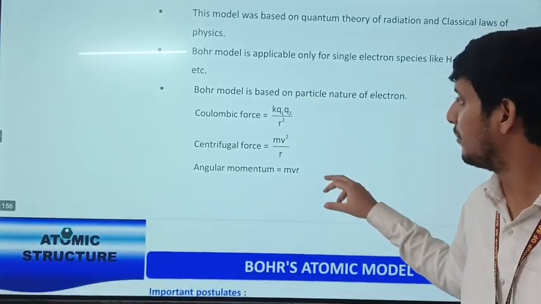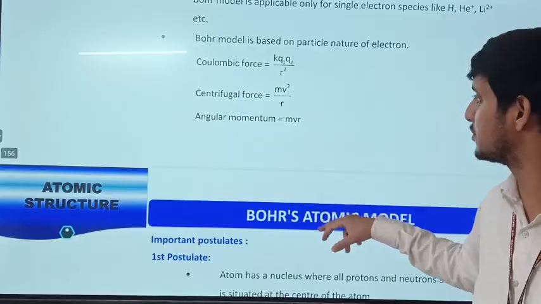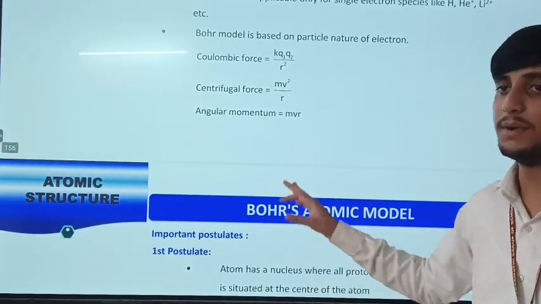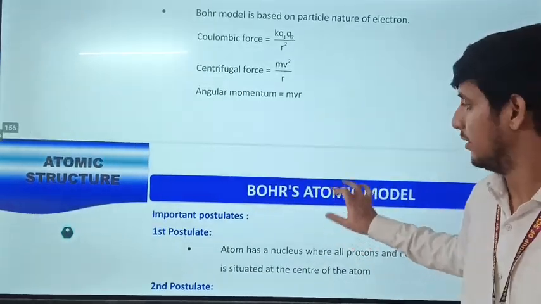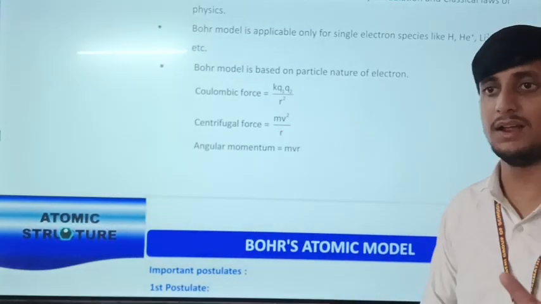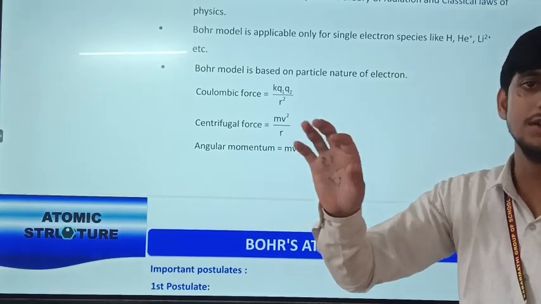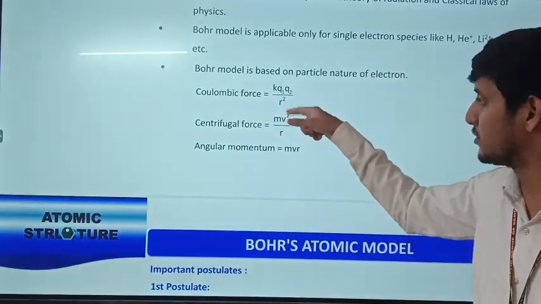And Coulombic force, Kq1q2 upon r square, centripetal force, m v square upon r, angular momentum m v r. This formula I will explain later, like why electrons moving around the nucleus are stable because of these two forces.